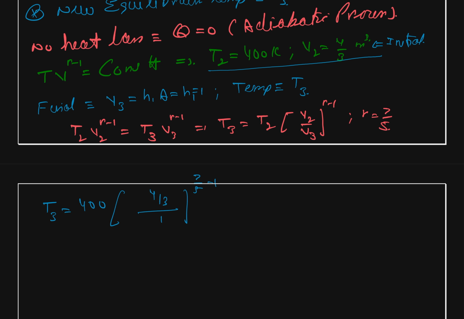So this comes as 400 multiplied by 4 by 3 whole raised to the power 2 by 5. And we can approximate this to be equal to 448.8 Kelvin. This is our final equilibrium temperature.